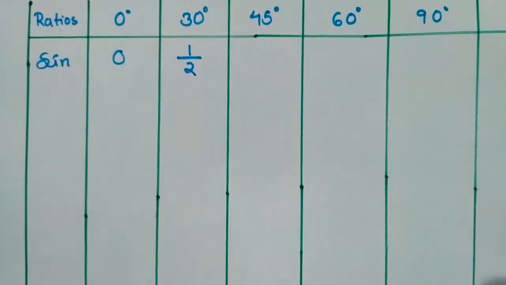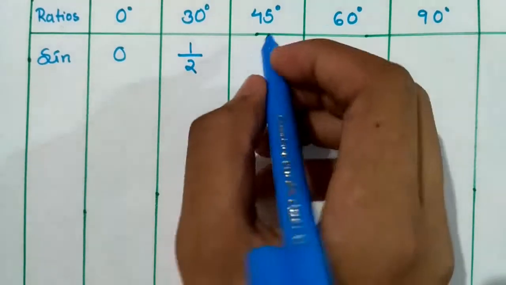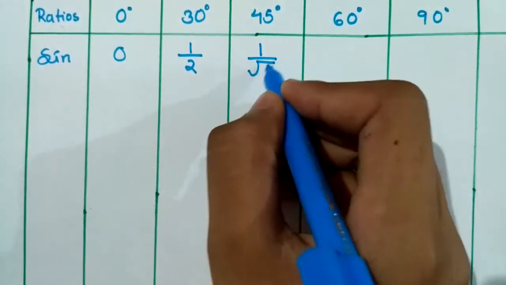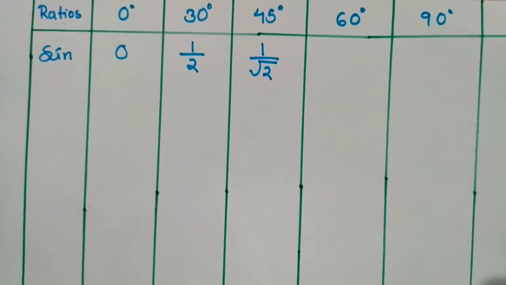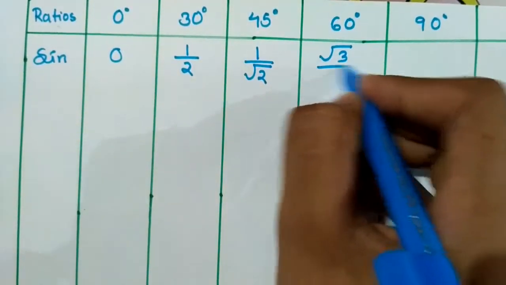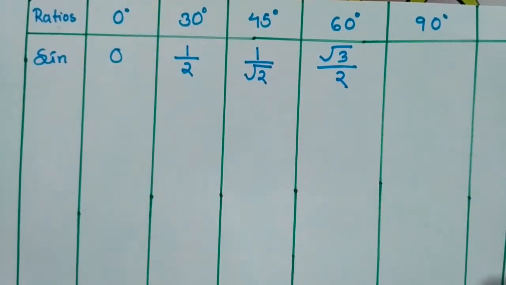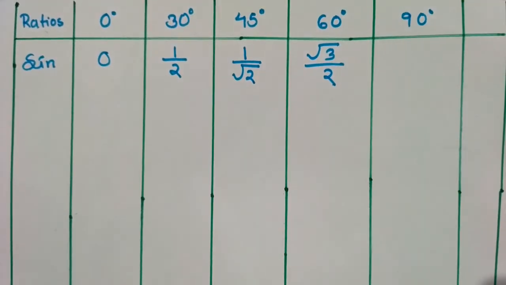Now root over of 2 by 4 will be root 1 by 2, or you can write it as 1 by root 2. And now root over of 3 by 4 will be root 3 by 2. Now for 90, it is root over of 4 by 4, which will be 1.